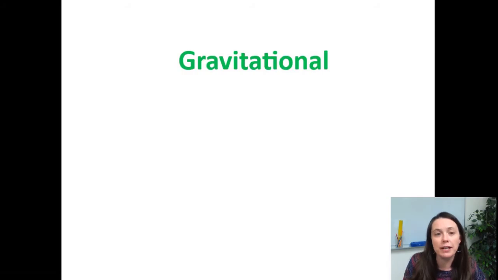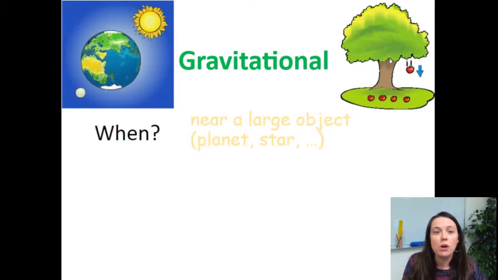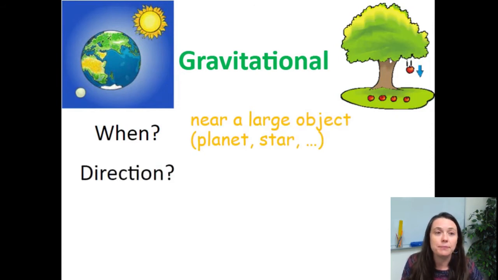The first force we will consider is the gravitational force. This is the same force that pulls objects down out of trees and that keeps planets and moons in orbit. When do we see the gravitational force? We see a gravitational force whenever we are near a large object, a planet, a star, the Milky Way galaxy.